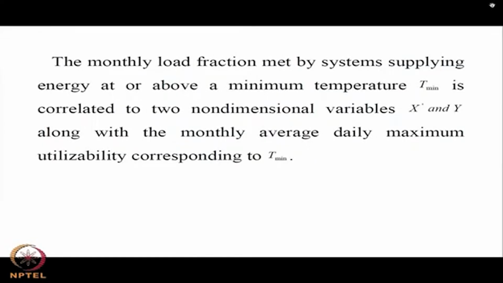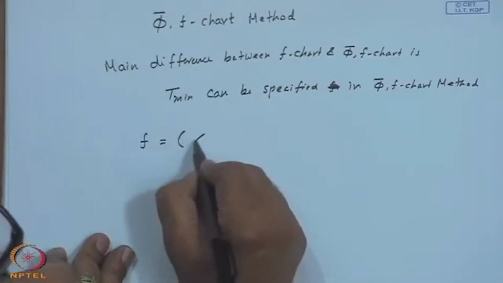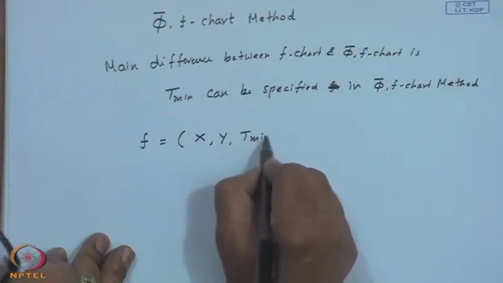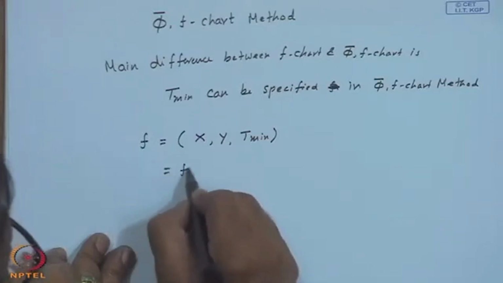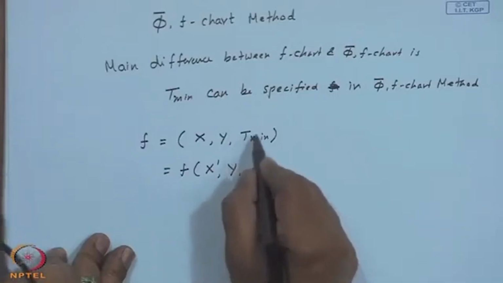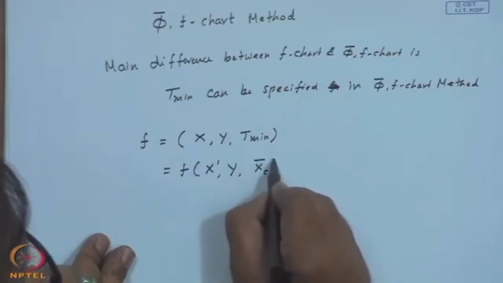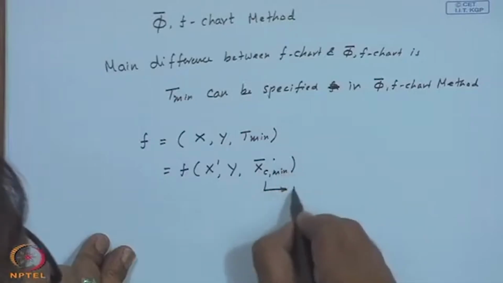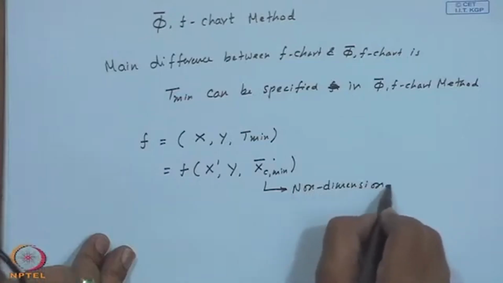So, now the monthly load fraction somehow should be similar to my x, y, and somehow I have to relate it to T minimum. So, this is slightly modified and it is related to some x dash, a modified x, and the same y, and this will give rise to what is called an x c bar minimum, which is a non-dimensional critical level.